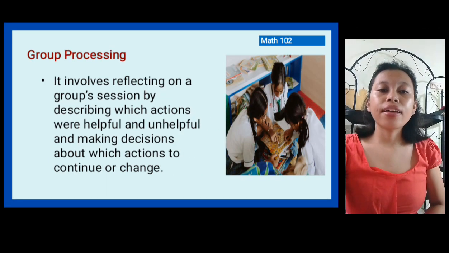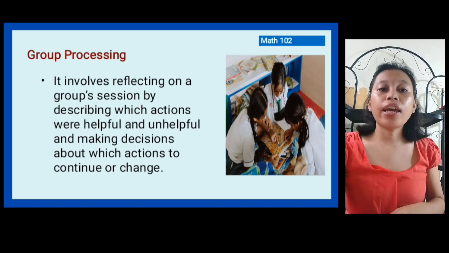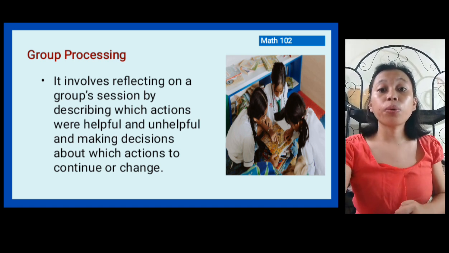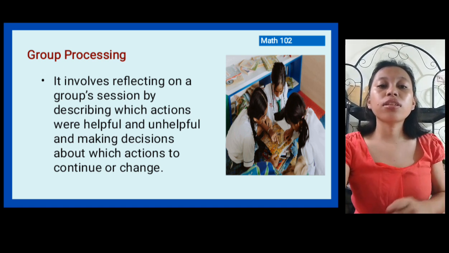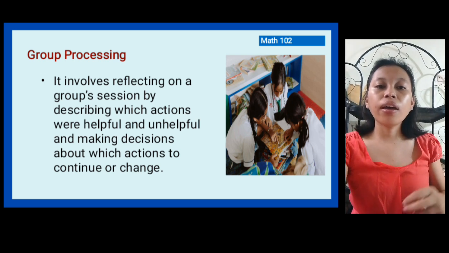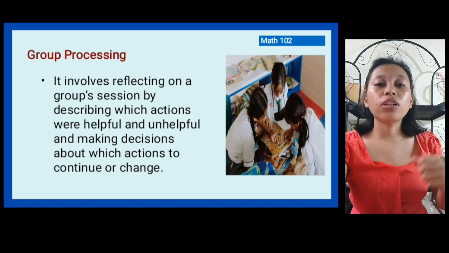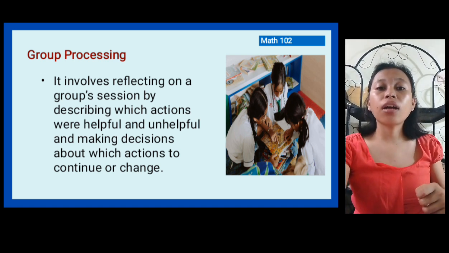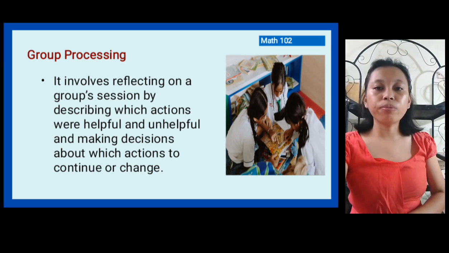Okay, the last one is group processing. It involves reflecting on a group's session by describing which actions were helpful and unhelpful and making decisions about which actions to continue or change. The group reflects on its performance and discusses what worked well and what could be improved.